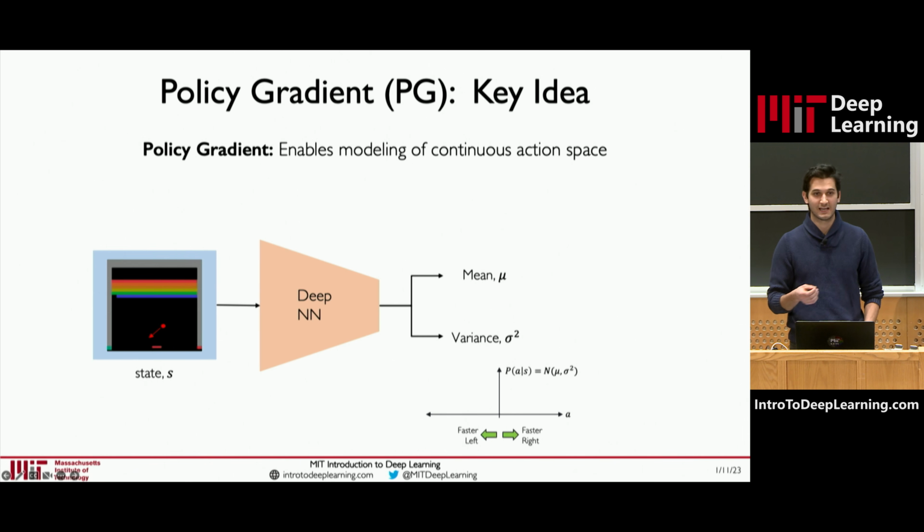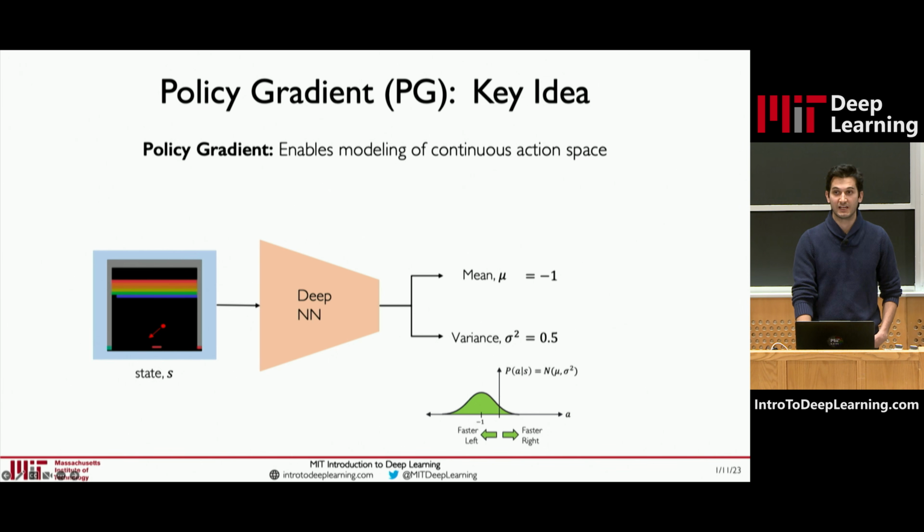To parameterize a Gaussian distribution, we only need 2 outputs, right? We need a mean and a variance. Given a mean and a variance, we can have a probability mass, and we can compute a probability over any possible action that we may want to take, just from those 2 numbers. So for example, in this image here, we may want to output a Gaussian that looks like this. Its mean is centered at, let's see, negative 0.8, indicating that we should move basically left with a speed of 0.8 meters per second, for example.